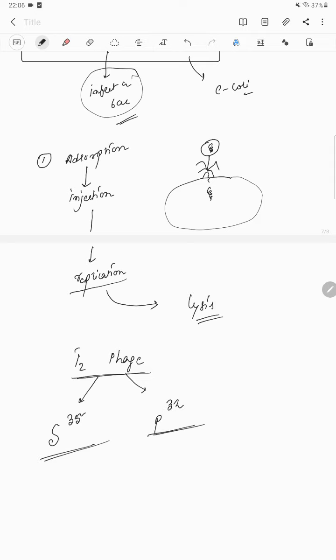So what they simply did is take a bacteriophage and E. coli, and they cultured this E. coli in a medium containing sulfur 35 and phosphorus 32.